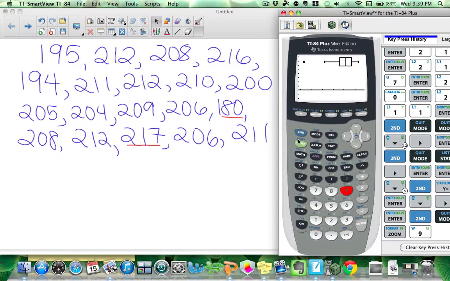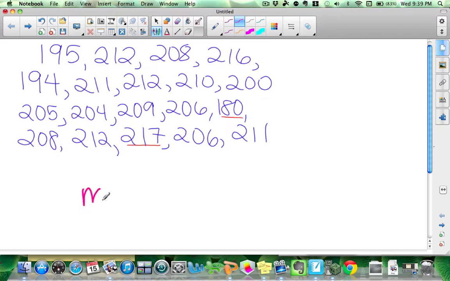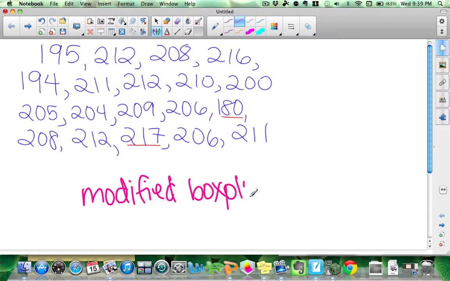Now, this is a really nice example because of this right here, okay? The reason we chose the first box plot as opposed to the second is because the first box plot is something called a modified box plot. In this class, we always want to make a modified box plot.